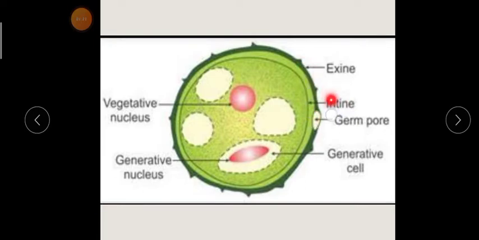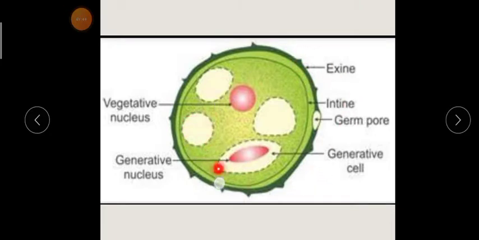The inner layer is the intine. Then one germ pore is there. Then this is a generative cell, and inside the generative cell you will see a generative nucleus, and there is a vegetative nucleus also. These are the parts of a pollen grain.